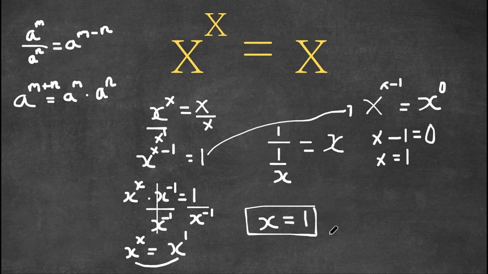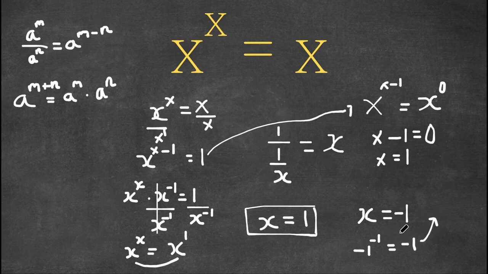However, there is actually another solution to this problem. x equals -1. This would also work, because if we plug this into our equation, for example, -1 to the power of -1 equals -1.